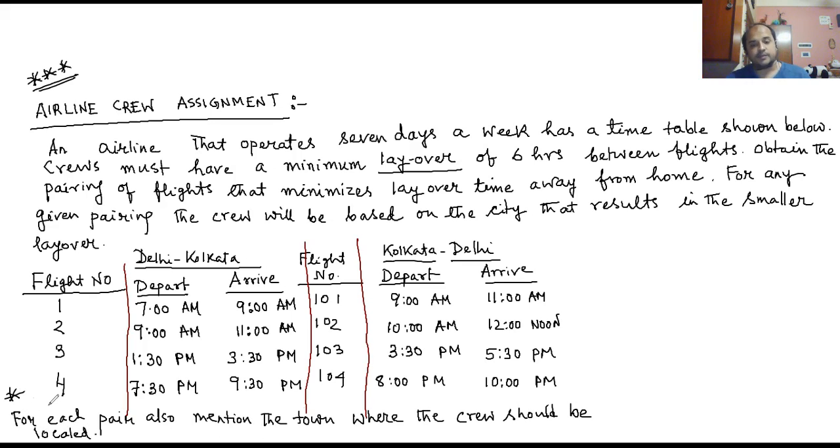This part, which has been marked as star, can only be done after we finish the problem, not before that. So I'm not going to think about this part right now.